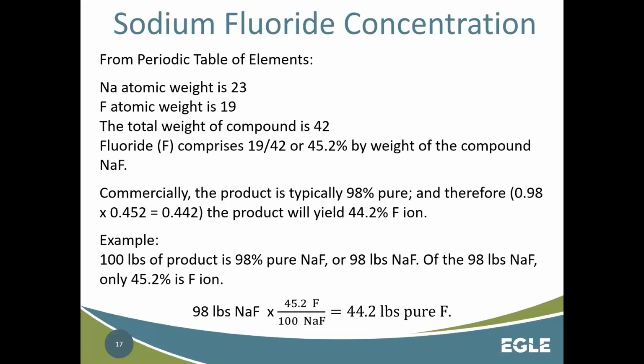Again, the powder delivered to your facility is typically 98% pure. So if you multiply 98% times 45.2, you'll get 44.2 pounds. Your powder will yield 44.2 pounds of pure fluorine ion.